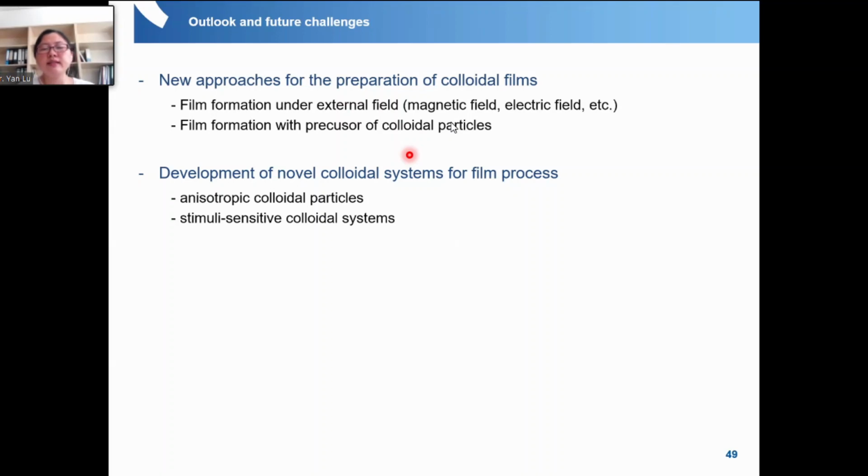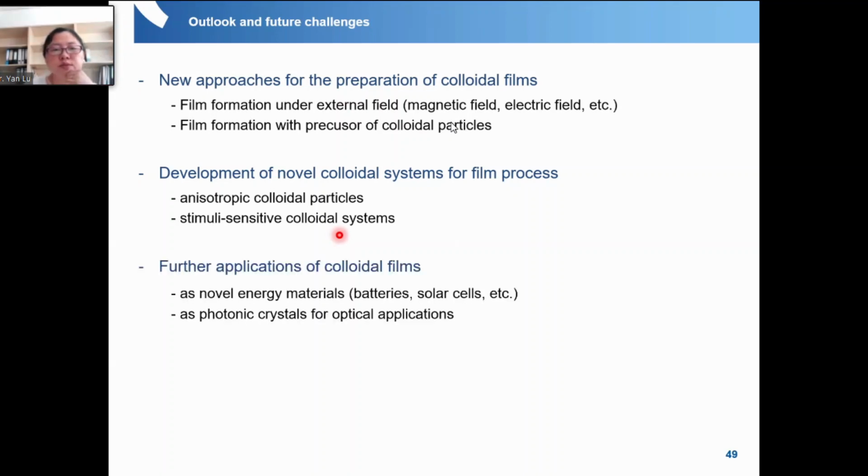Instead of spherical particles, anisotropic colloidal particles will also be a very nice system to understand. If you change the shape or morphology of the particle, what will happen during film formation? On the other side, you can use stimuli-responsive systems to see if changing temperature, pH, or salt concentration affects your film formation.